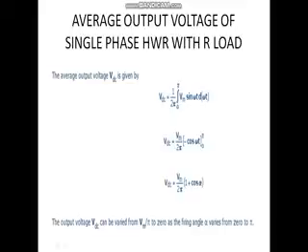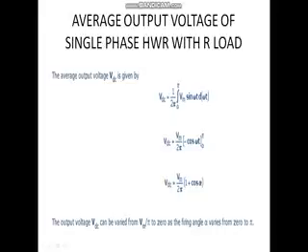In the positive half cycle the thyristor is forward biased, and based on the firing angle applied, it conducts and the output voltage appears. In this type of rectifier, only in the positive half cycle is the AC converted to DC. That's why it is known as a half wave rectifier.